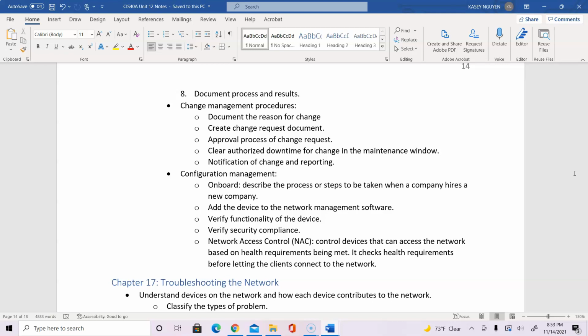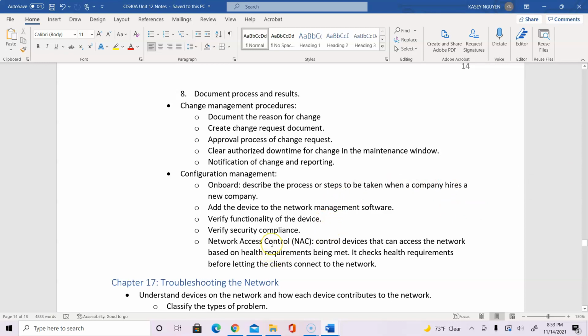With change management, we also need to include configuration management. How do we configure when we have new objects such as users, employees, and systems? How will we be able to add devices to the network using management software tools? We would also verify functionality of the device and security compliance.